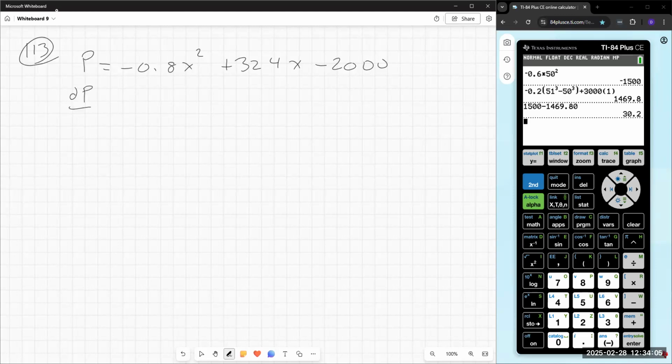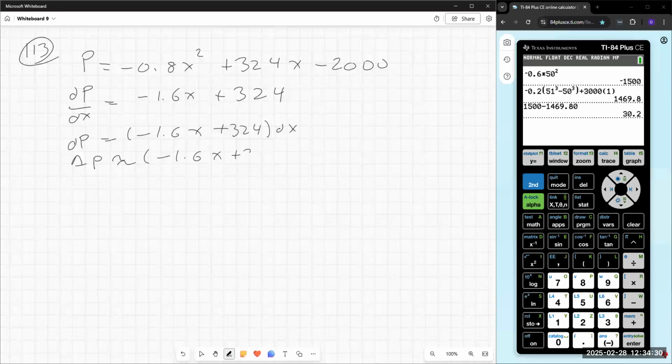So dP/dx is equal to negative 1.6x plus 324. So dP is equal to negative 1.6x plus 324 dx. Delta P is approximately negative 1.6x plus 324 times delta x.